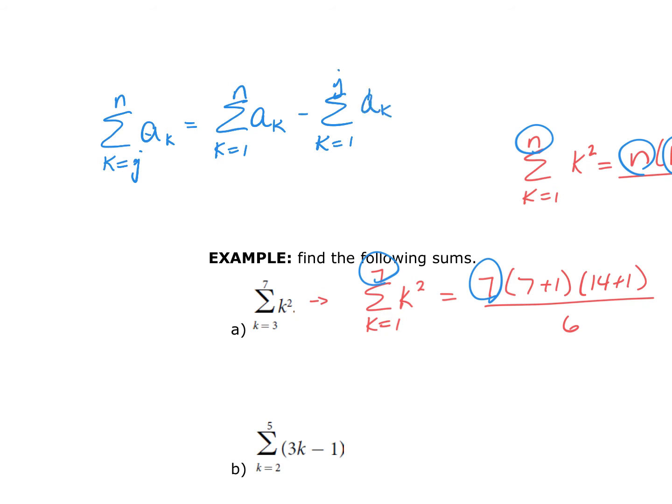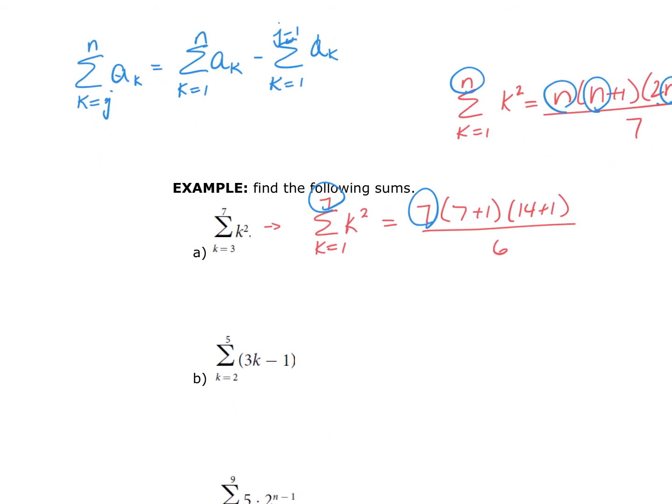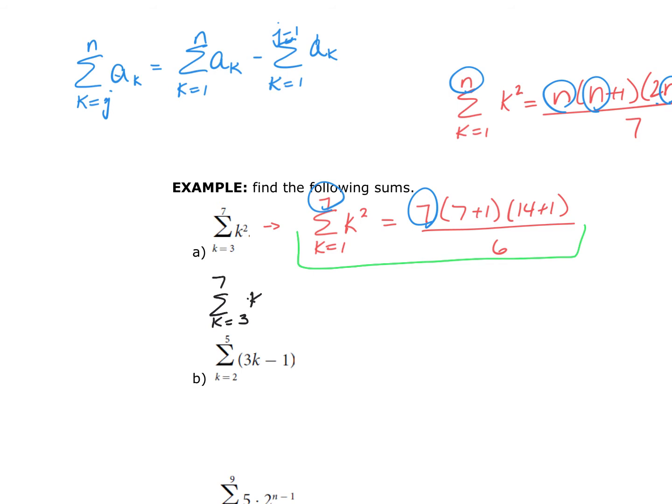Actually, it'll be j minus 1, because I want to stop 1 before the j. So if I decide I want to use this formula, then I have to take off the first two terms. And that's totally fine. So I could say that this summation of k equals 3 to 7 of k squared is going to be the summation of the entire thing from k equals 1 to 7 of k squared. And then I'm going to pull off my first two terms.